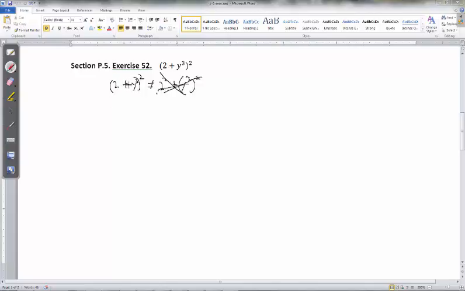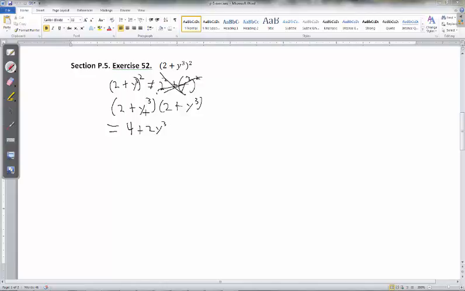Because if you think about this, squaring something means multiplying it by itself. And that is a binomial times a binomial. So we're going to multiply it like one. 2 times 2, the firsts, you get 4. 2 times y cubed, we get 2y cubed.